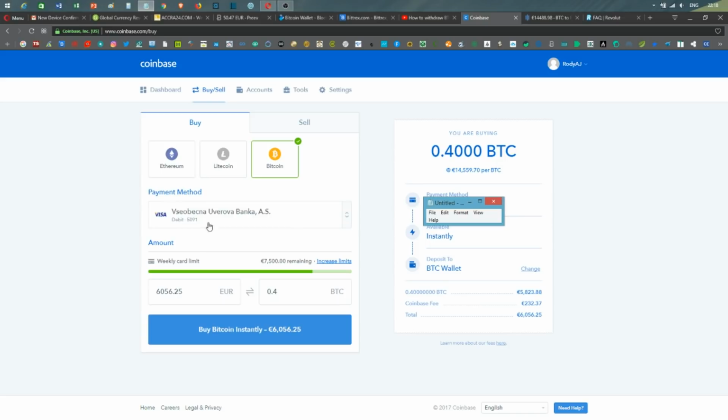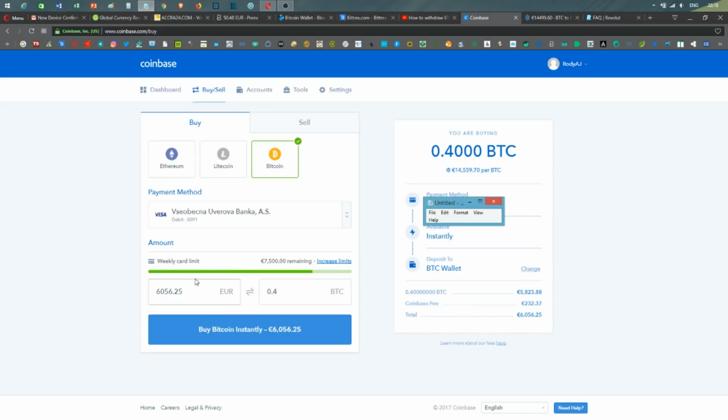You can also use a bank as a payment method, where you first assign a bank account, and after verification you can transfer your funds from your bank to your euro or dollar account on Coinbase, and then you can use those funds to buy Bitcoin, Litecoin, or Ethereum.